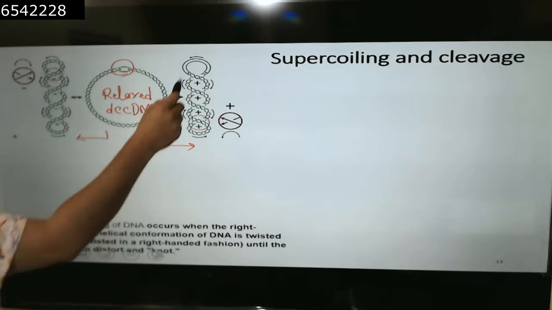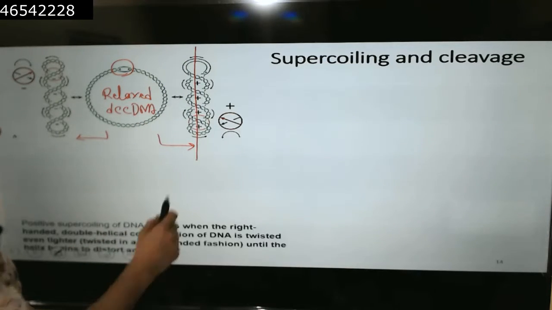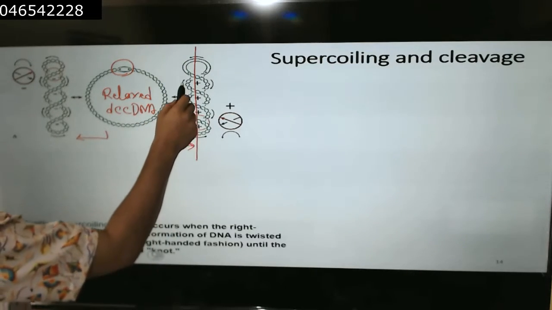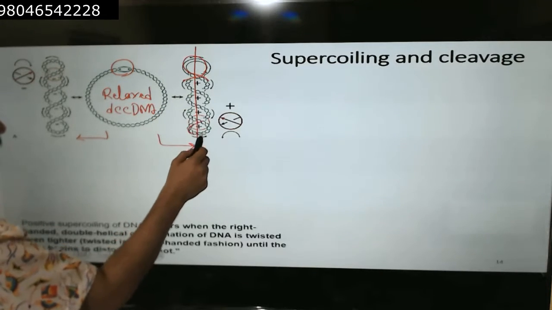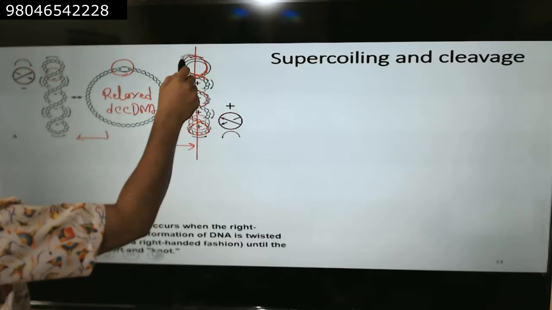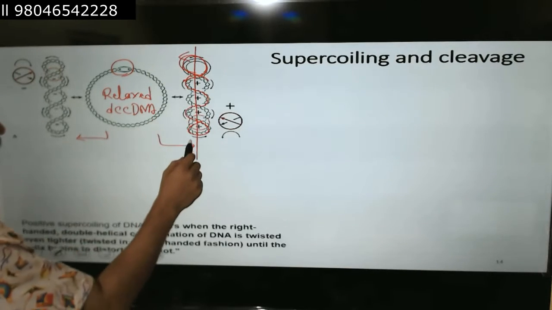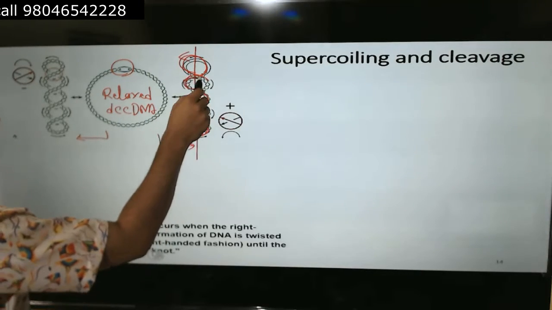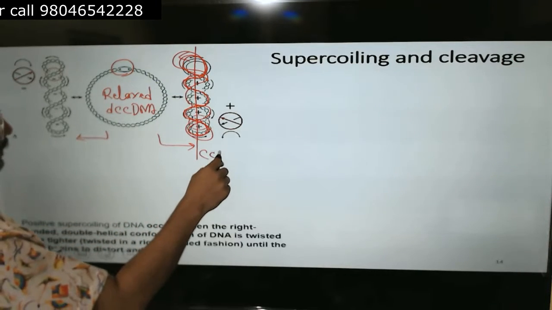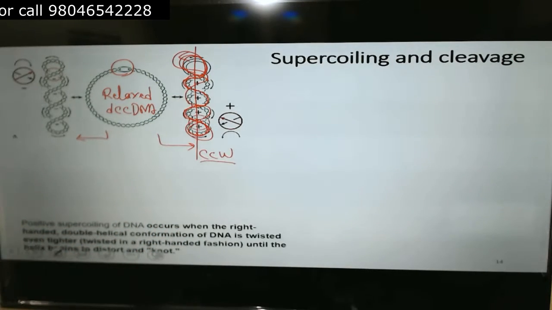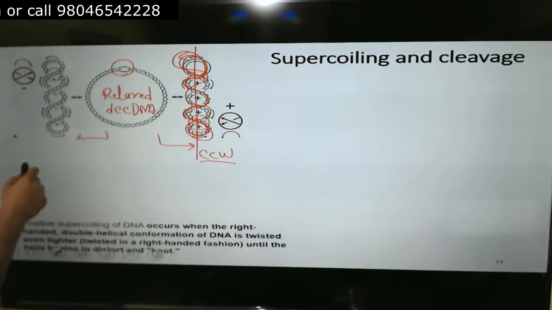So basically if you look at this axis, this positive supercoil goes something like here, which is counterclockwise. See the arrow, it looks something like this, isn't it? This is counterclockwise. In negative supercoil, what do we have?